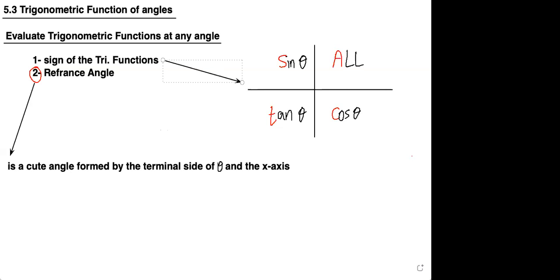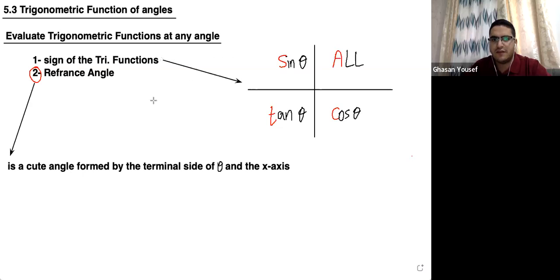Please, for the final, focus on this section. We will cover this section and the next section. You will see a lot of questions in the final. Okay, so the reference angle is the acute angle formed by the terminal side of theta and the x-axis.